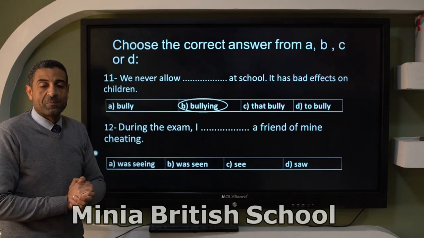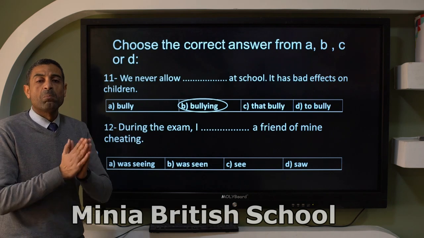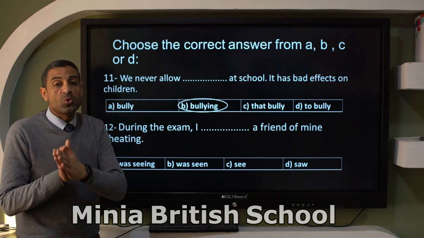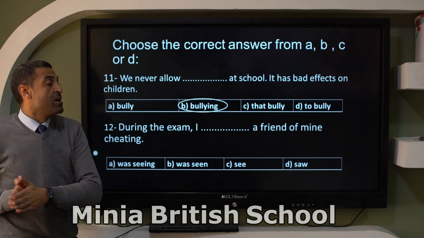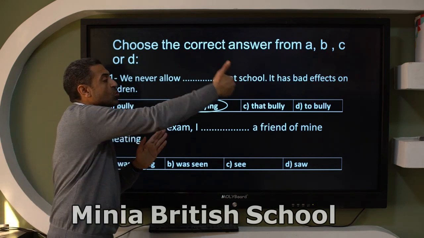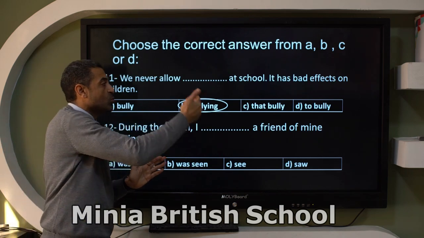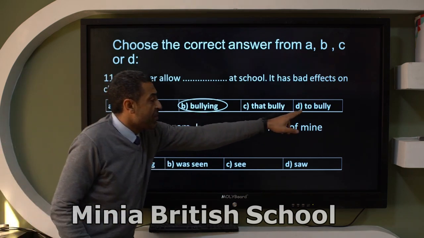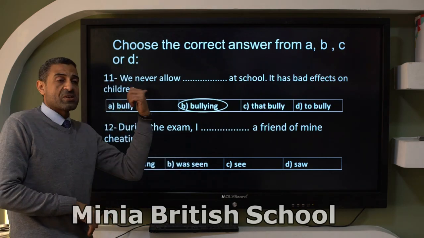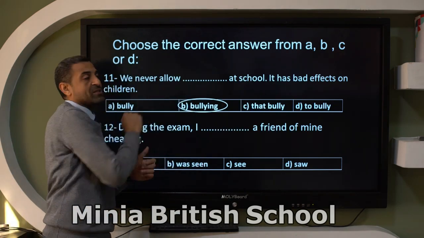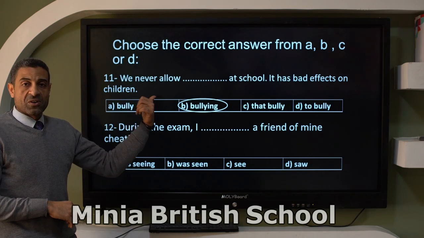For example, I allow my kids to play in the club every Thursday. So here, allow someone to do something. So here, if I want to choose to bully, it means that you allow someone. So you must have an object here after allow.